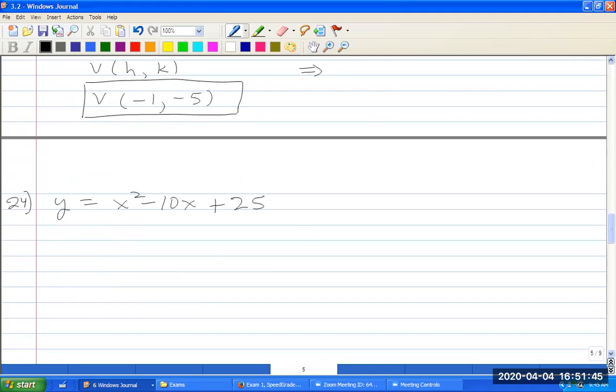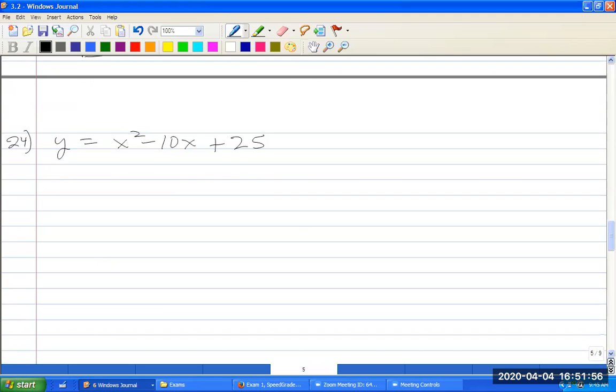Let me do problem number 24. So y is equal to x squared minus 10x plus 25. So I wanted to determine my vertex.